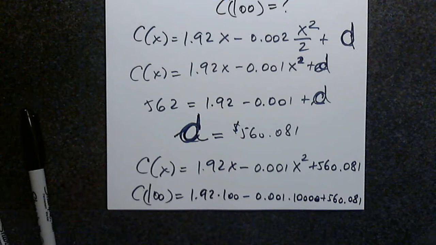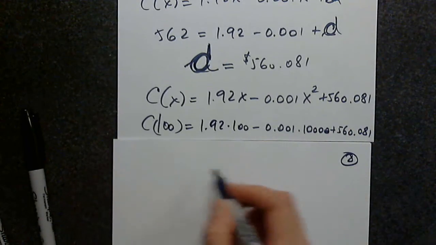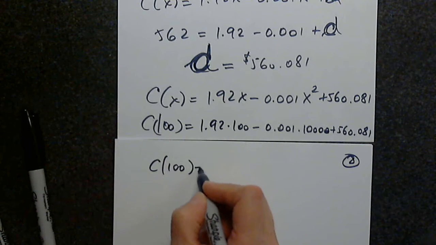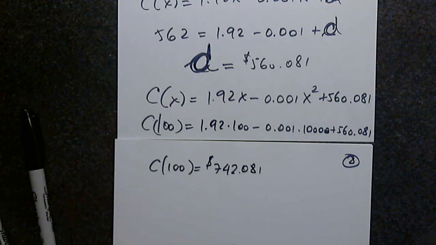So it's 192 and plus, I move 4 decimals, so this is not plus but minus 10, and then plus 560.081. I got 742.081. Please correct me if I'm wrong. Let me know if that's correct. Yeah. So C of 100, I got 742.081.